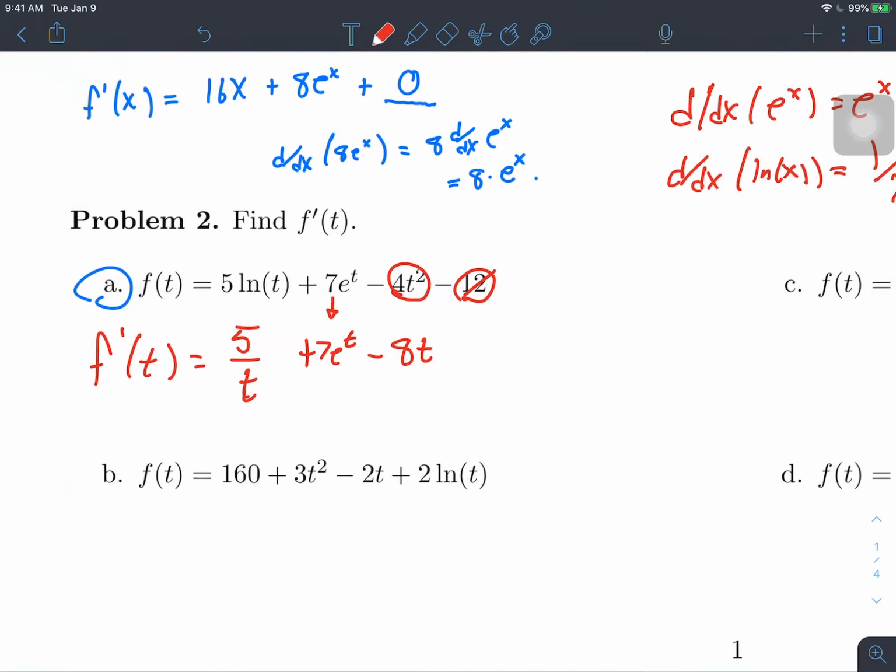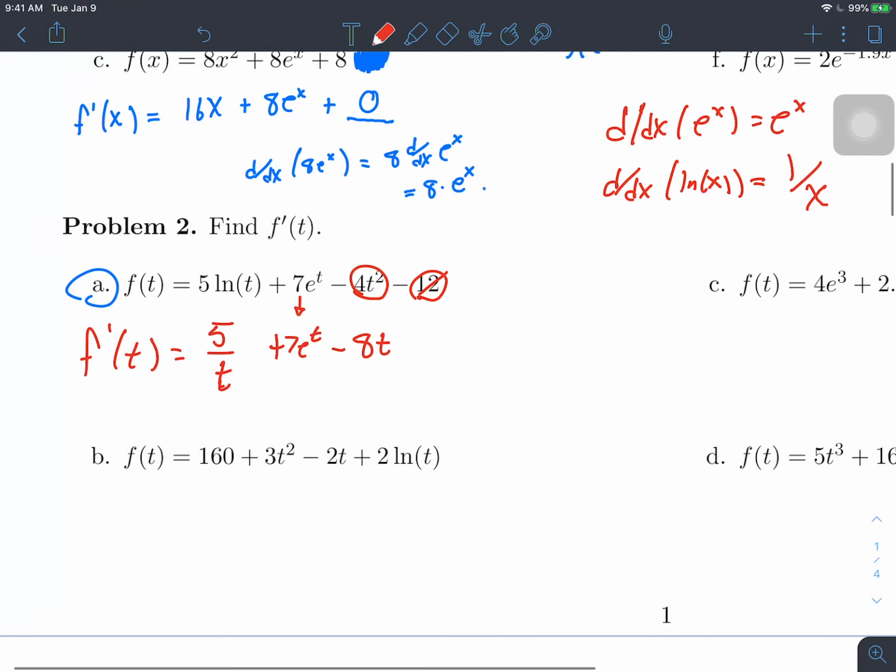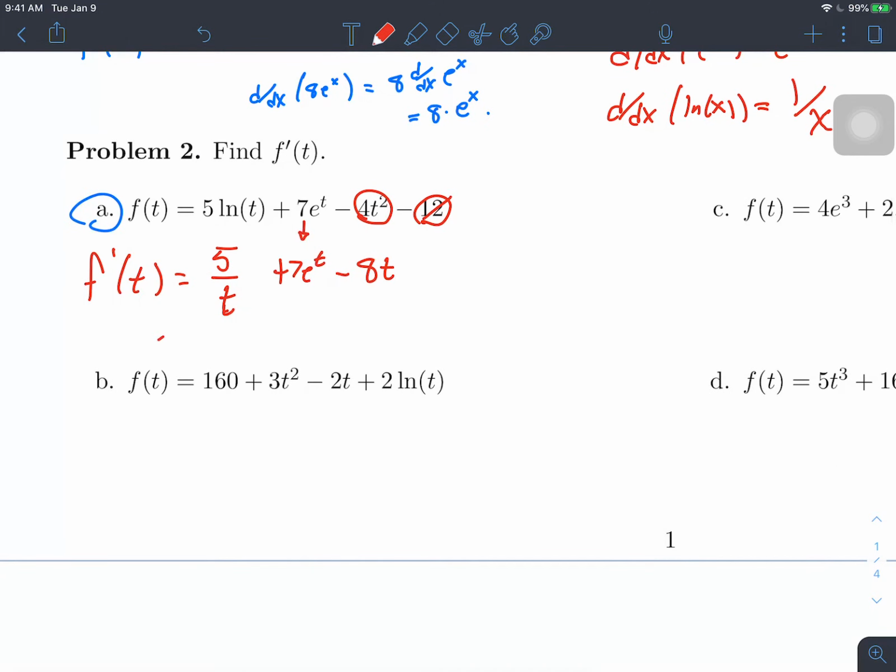The last thing that we needed to do was the derivative of 5 ln t. We used 2 rules to do that derivative. The first rule is multiplication by constant. We can leave the 5 alone and just let it float out front. You could have written that like this: 5 times the derivative, d dt since we're doing a derivative with respect to t, of ln t, which would then be 5 times 1 over t.